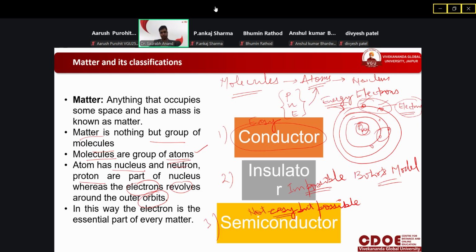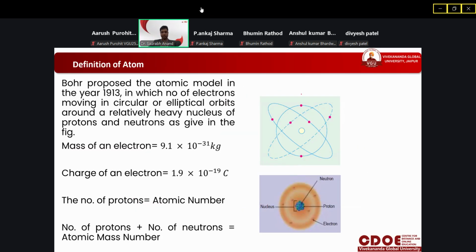Okay, so this is the model that is known as Bohr's model. Bohr proposed the atomic model in which electrons are moving in a circular path or elliptical path, right? And the nucleus is in the center.